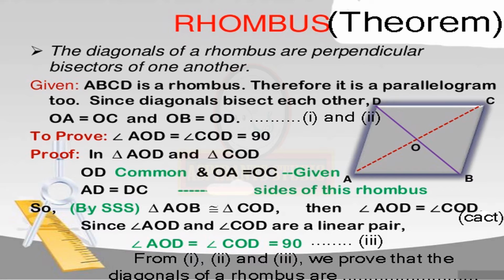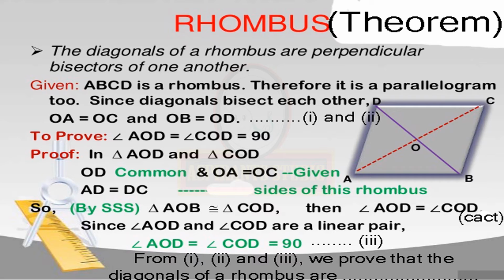Now find out the corresponding angles of congruent triangles. Angle AOD is congruent to angle COD. Otherwise we get measure of angle AOD is equal to measure of angle COD. Now, angle AOD and angle COD are a linear pair, you can see from the figure.